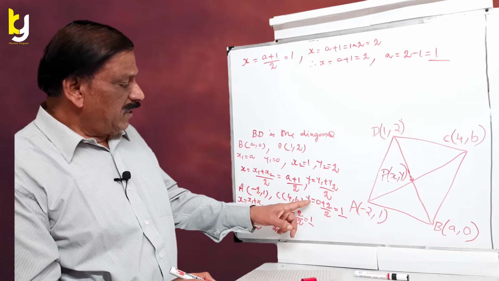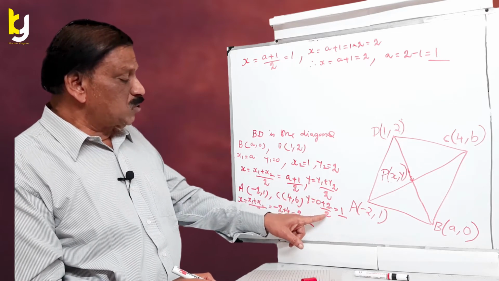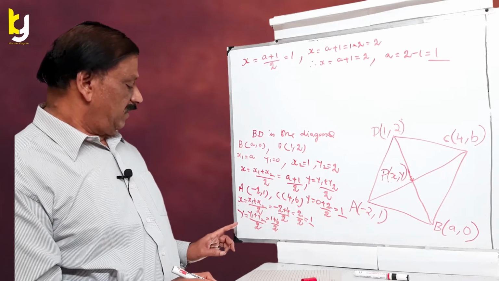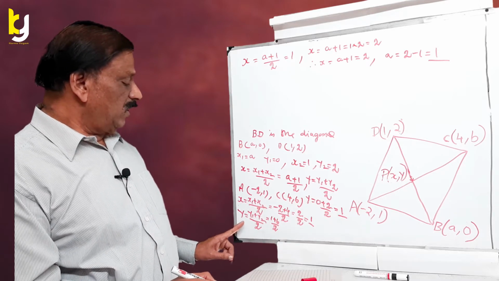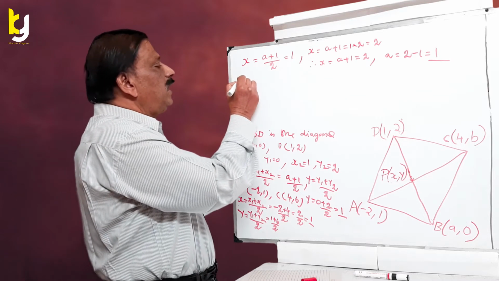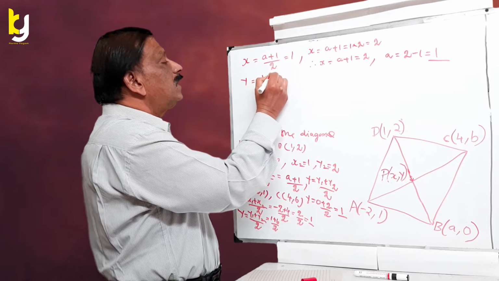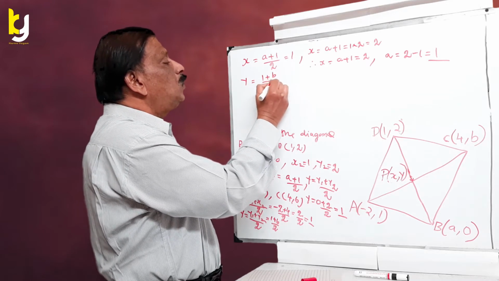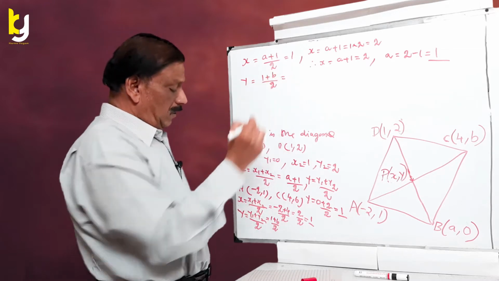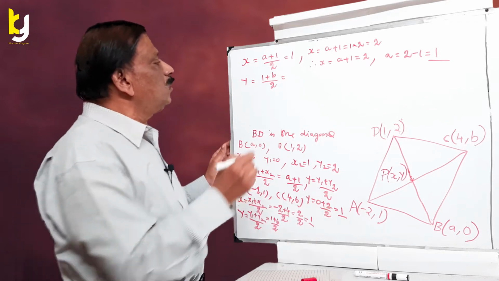Similarly, here y is equal to (y1 + y2)/2, that is (0 + 2)/2, that is equal to 1. In the second case, y equal to (1 + b)/2, that is equal to 2/2, that is equal to 1.